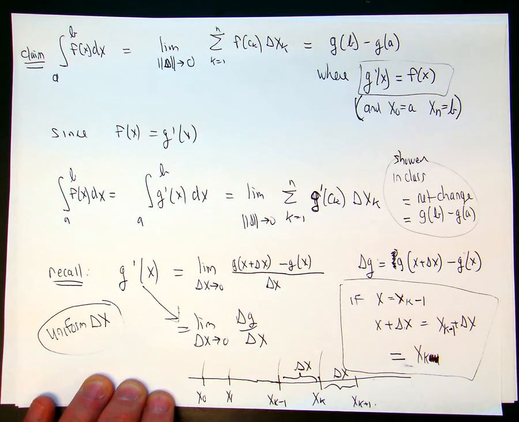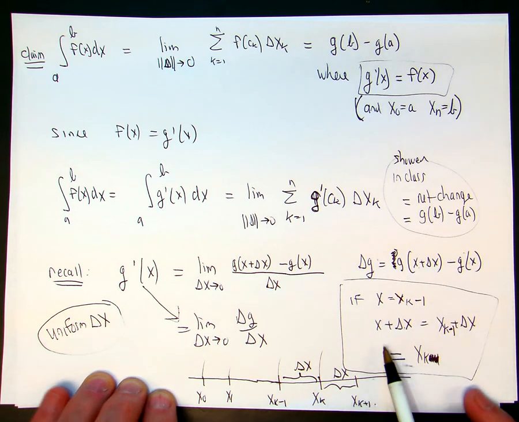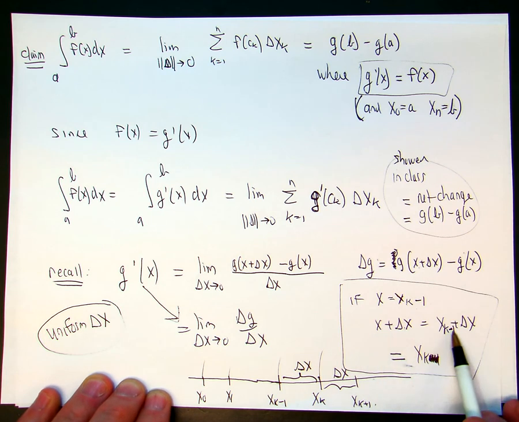What we get with that is that if I look at x plus delta x, and if we use as our x's these xk's, so xk minus 1, then we get x plus delta x is xk minus 1 plus delta x, which is equal to xk.